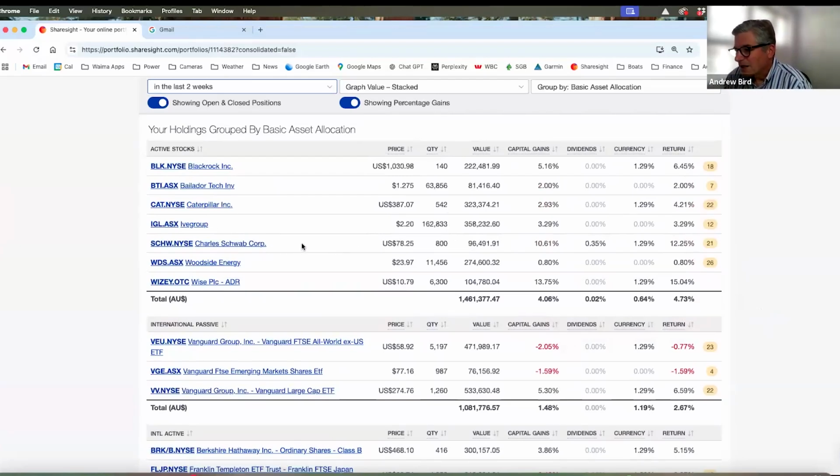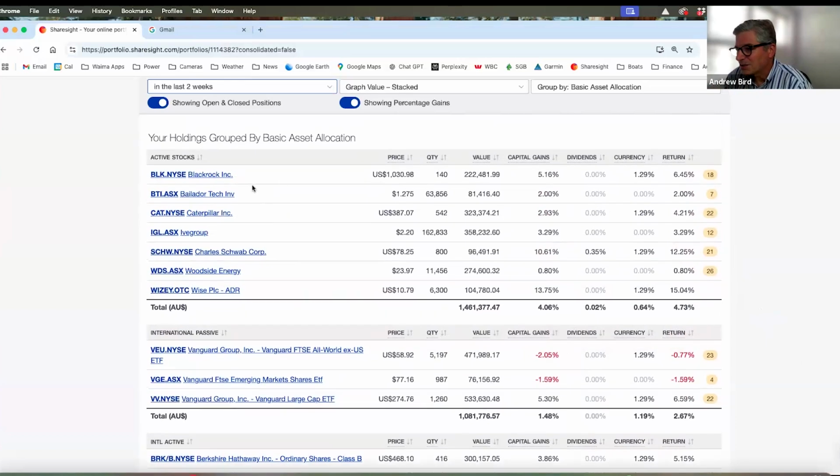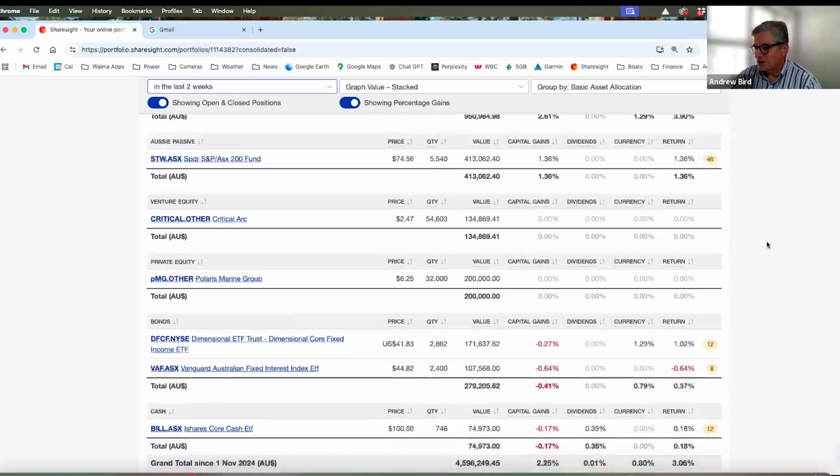Schwab, U.S. Financial, some of the financials have done very well in the U.S. So it's interesting to look at the short term just to see. It's really about understanding how your positions are affected by news, not necessarily to make decisions based on that, but it just helps you understand how things react. And that is ultimately, I think, very valuable.